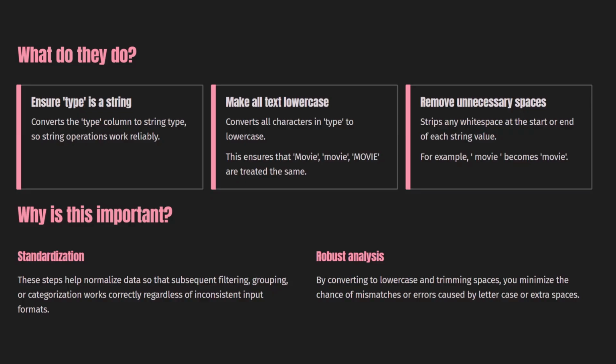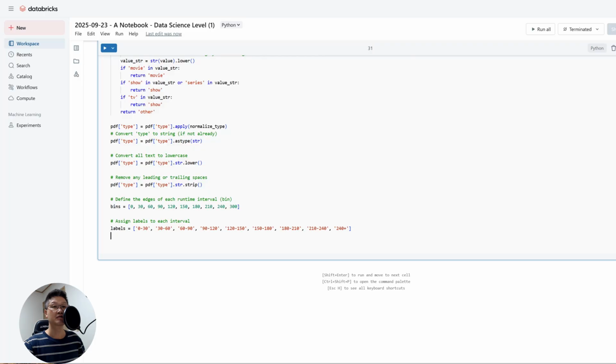These two lines set up category bins to group movies and shows based on their runtime. They define the edges of each runtime interval, like 30, and later in this code we use pd.cut and labels.